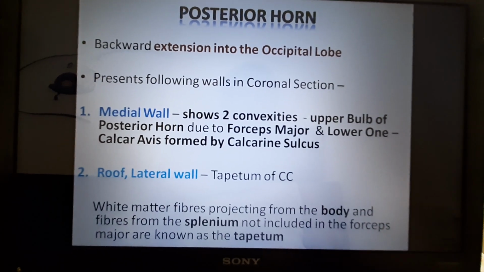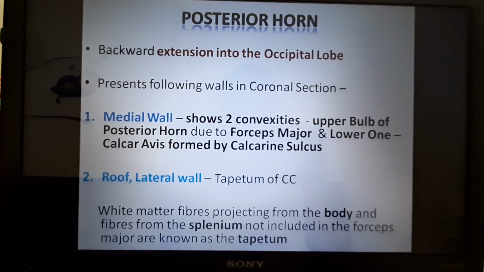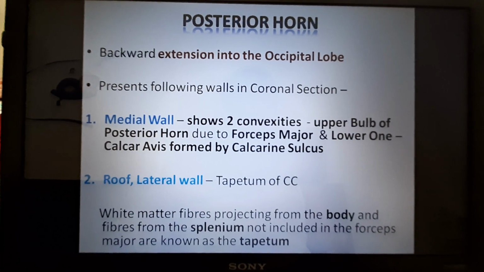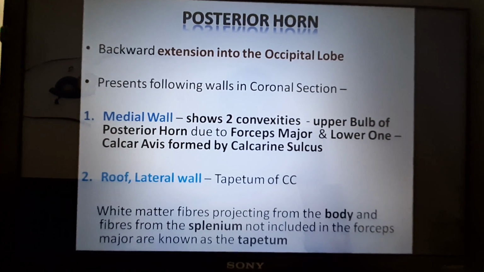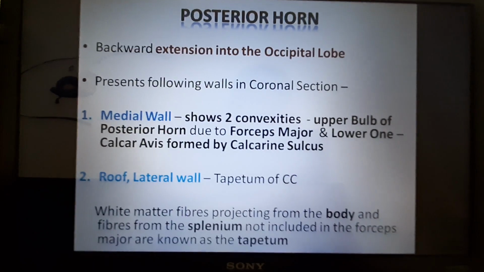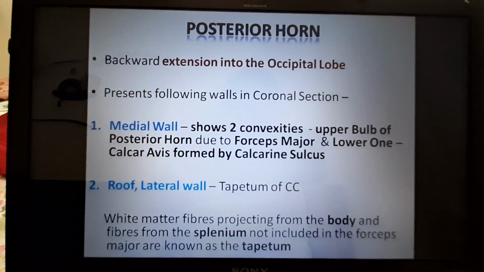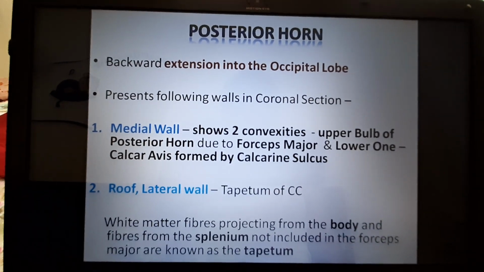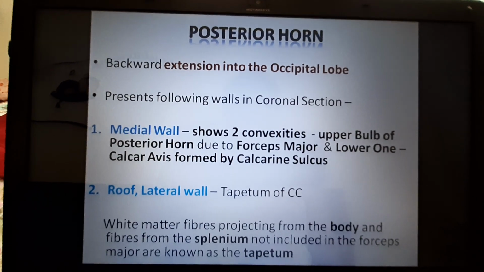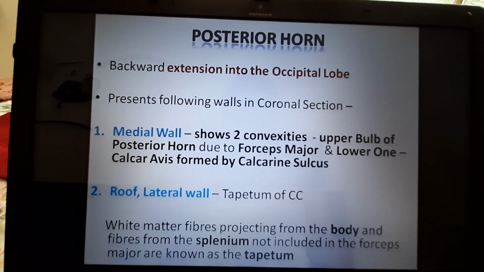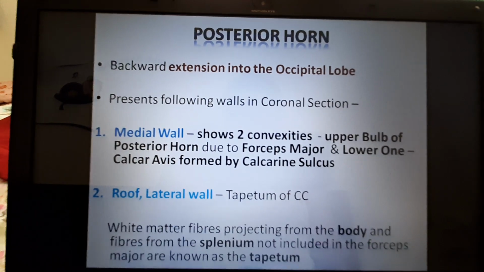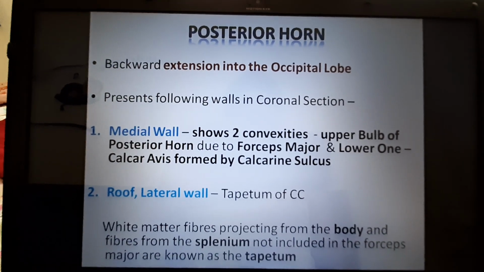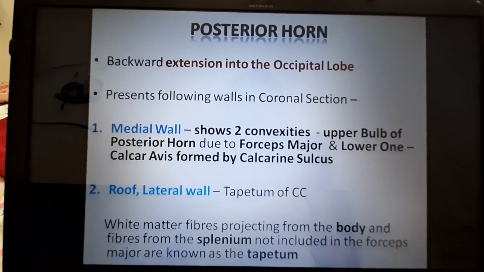It is formed by the forceps major, and the lower convexity is formed by the calcarine sulcus. The calcarine sulcus, which we had seen earlier, is present on the medial surface of the occipital lobe. So these two structures, the forceps major of the corpus callosum and the calcarine sulcus, produce two convexities on the medial wall of the posterior horn.